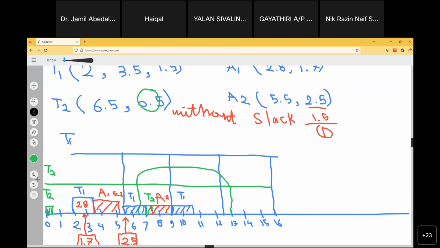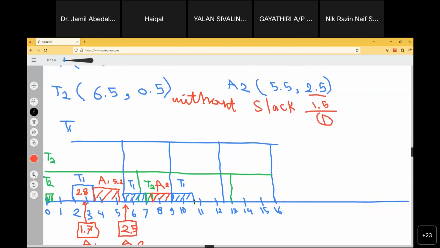So task 2 has terminated its task, so no need to execute it. In this case, we execute the remainder of A2, which is 1 unit, from 10.5 until 11.5.